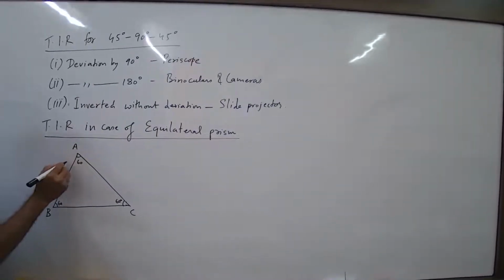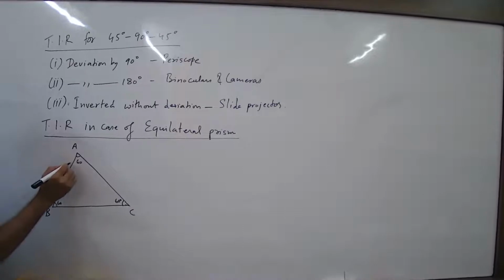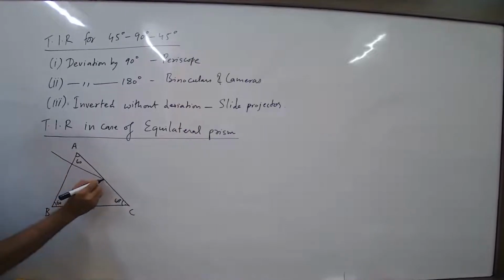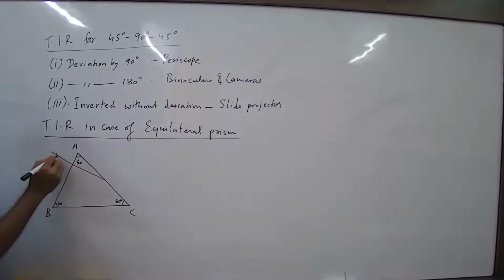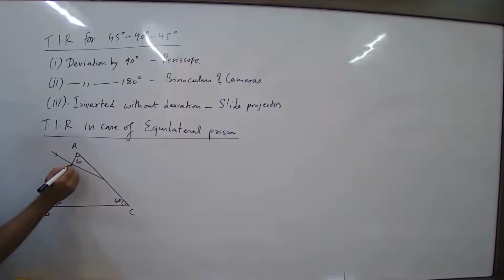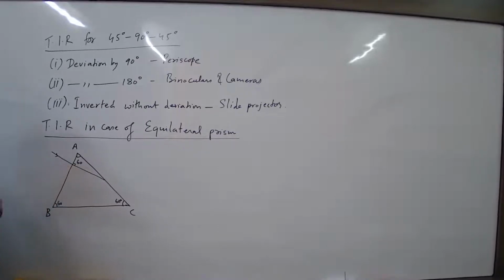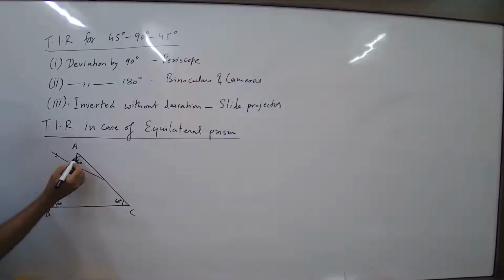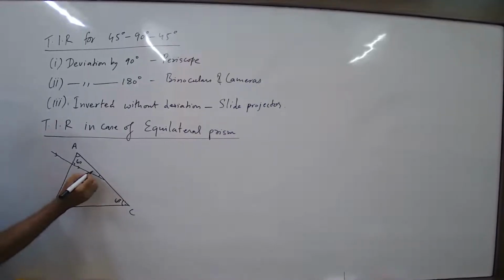Let us say the incident ray is along the normal at this point. So this is incident along the normal, so this is 90, because it will go undeviated. So this is 60. So what is this angle? 30.